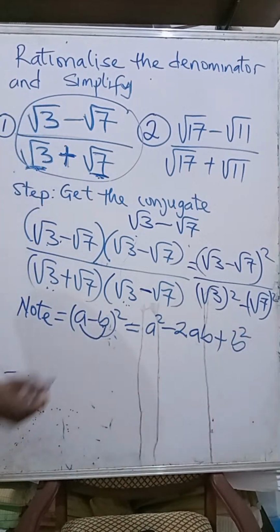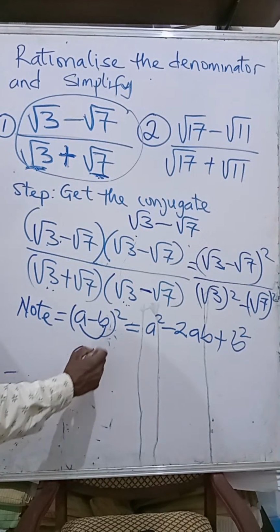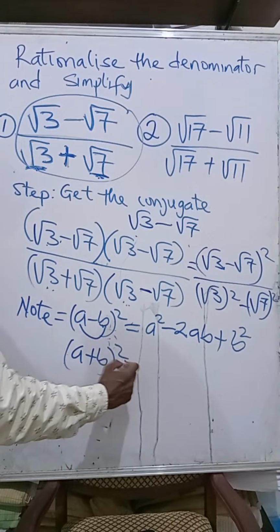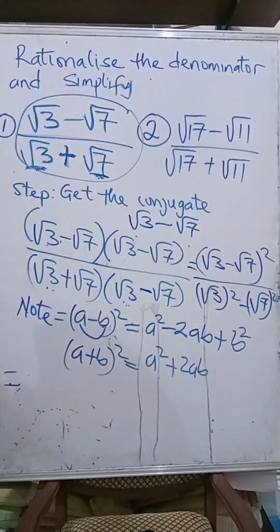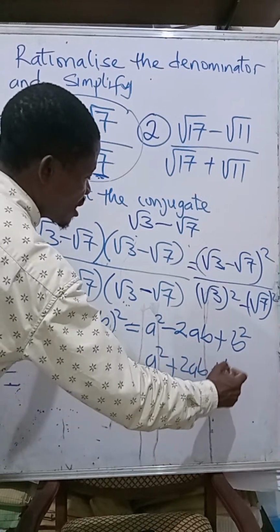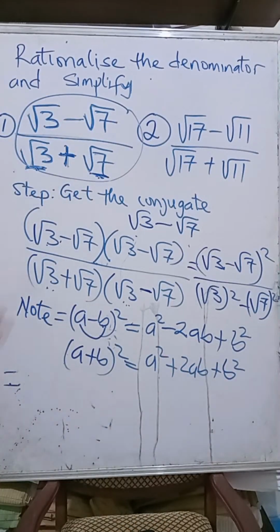So you can apply that for the expansion of this one. And if it's a plus b squared, it's going to be all plus 2ab and then plus b squared.